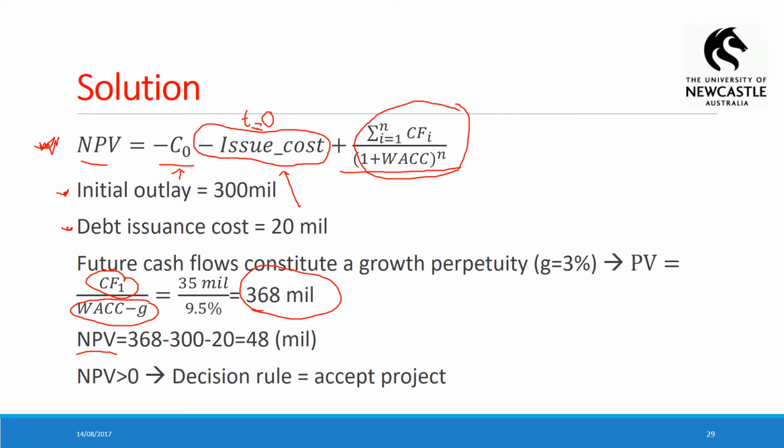Our NPV is therefore 368 million minus 300 million minus 20 million. So in this case, we have a positive NPV. Our decision rule would be to accept the project.